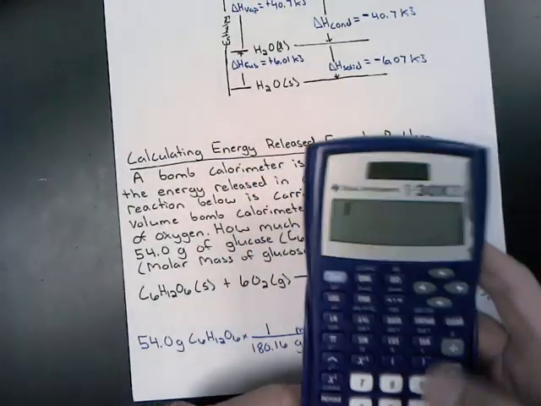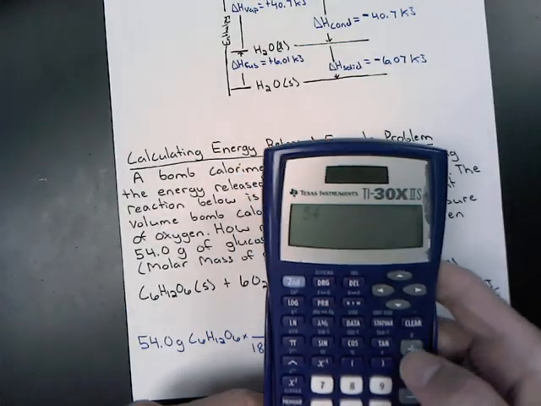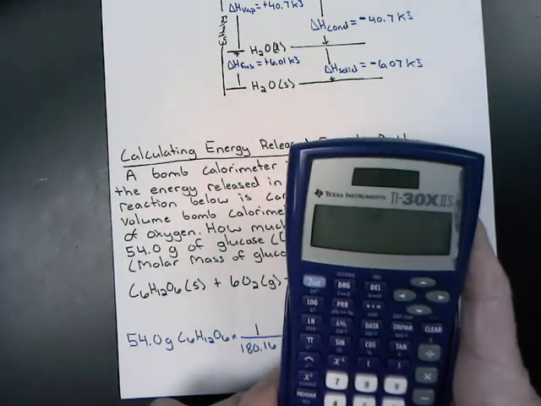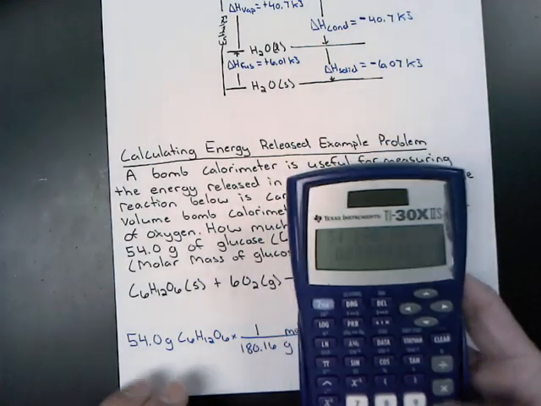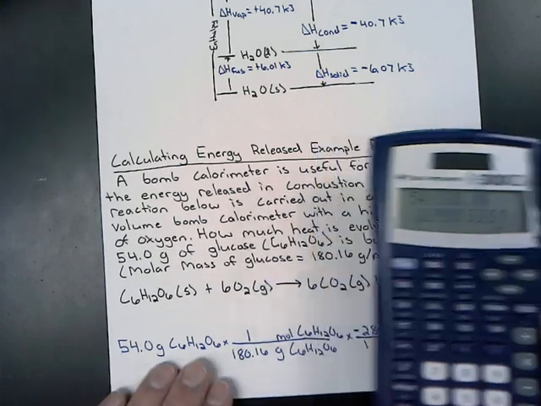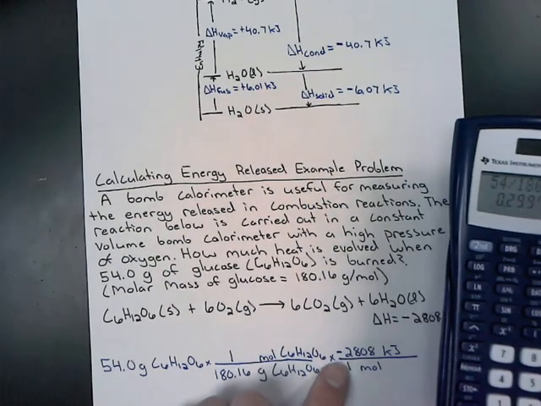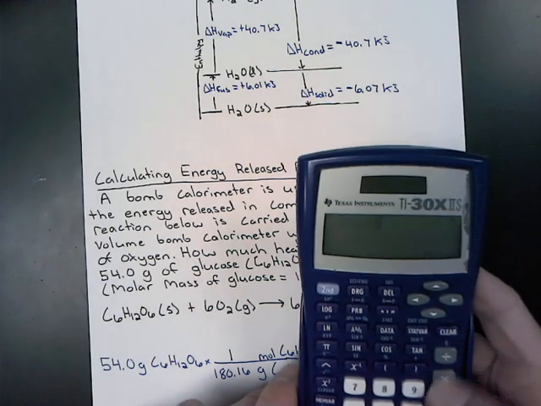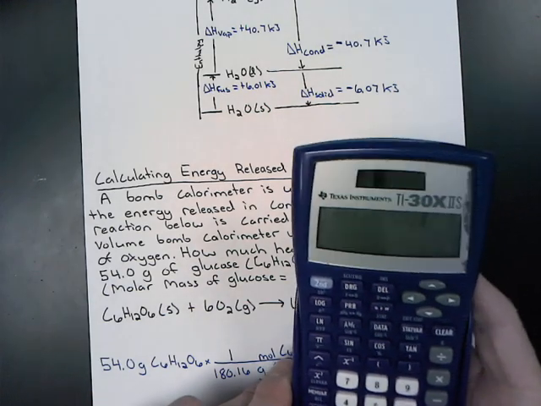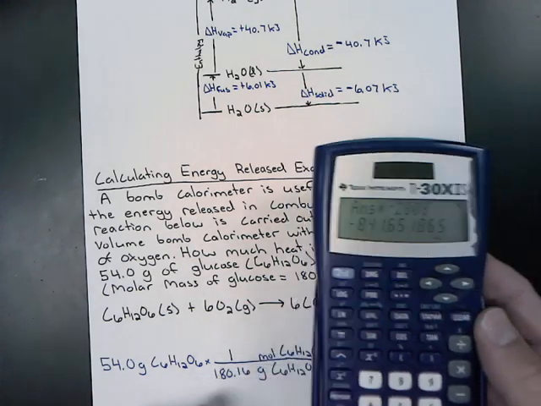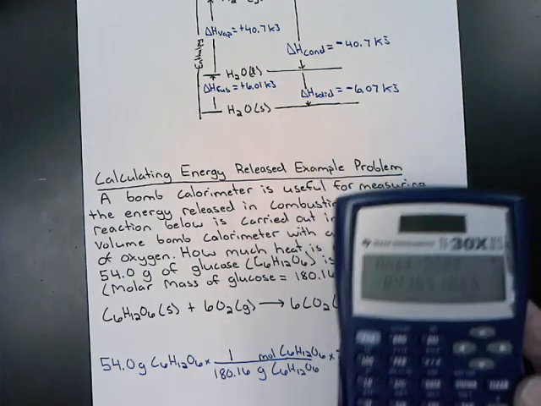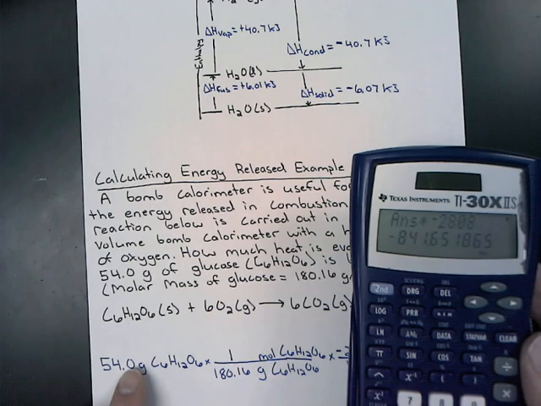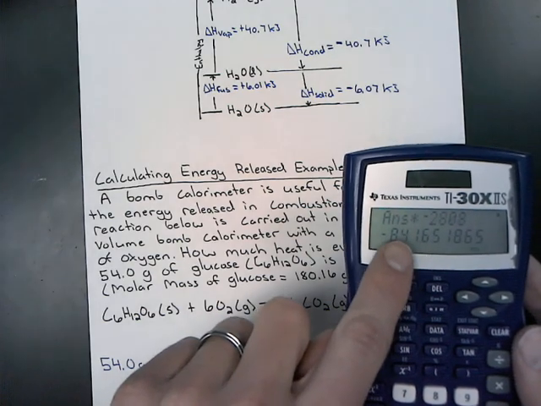So what I do to go through this calculation is I insert these values into my calculator. So I take 54 divided by 180.16, and then what I do is I multiply it by negative 2,808. Now, what I get here is I get negative 841 and some change. And because I had 3 digits here, I'm going to round this to 3 digits.